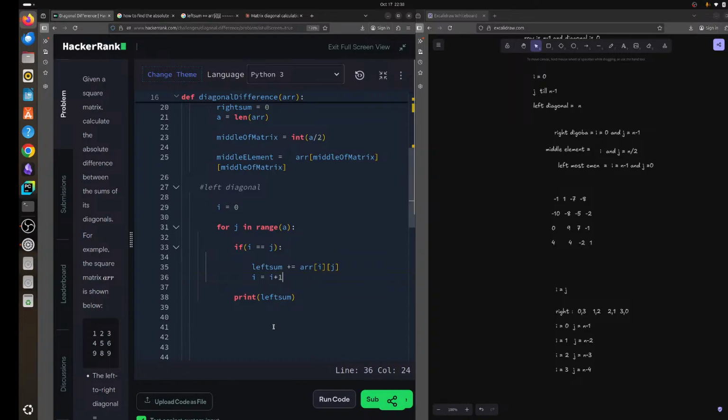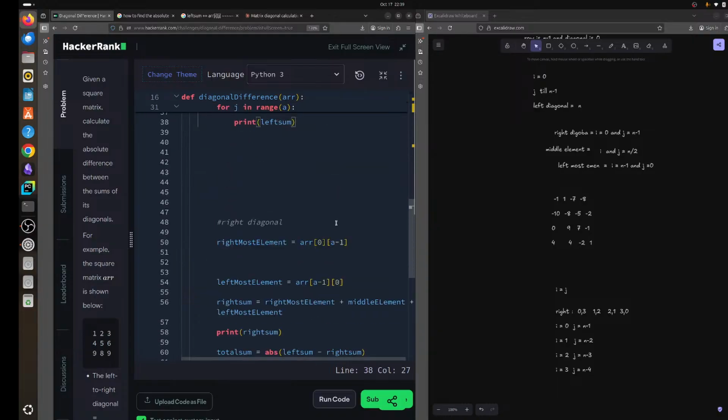One row, one time only it will be valid. So there is no problem. So this is good. Left diagonal or right diagonal.